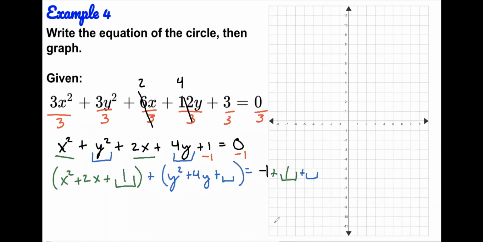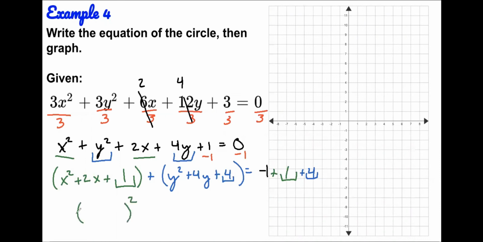So add 1 on both sides. This one's 4. 4 divided by 2 is 2. 2 squared is 4. All right, so from here, we can go ahead and write them as our factors, right?